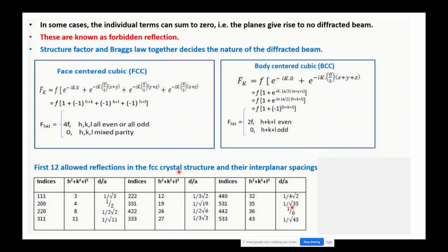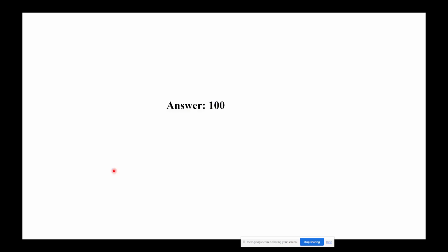Allowed reflections in the FCC crystal structure and their interplanar spacing: you can see 1 1 1, 2 0 0, 2 2 0, 3 1 1. Yeah, the answer was 1 0 0.